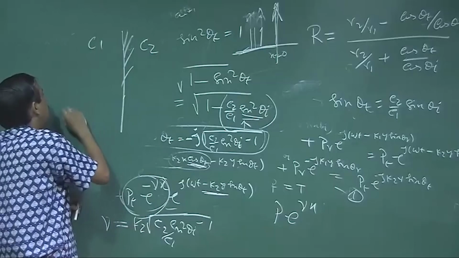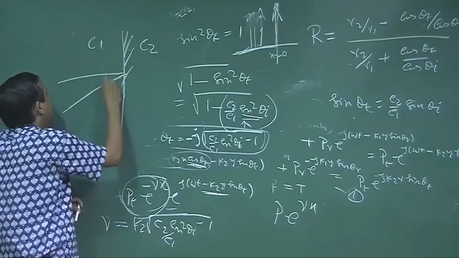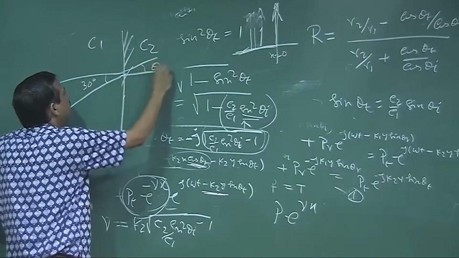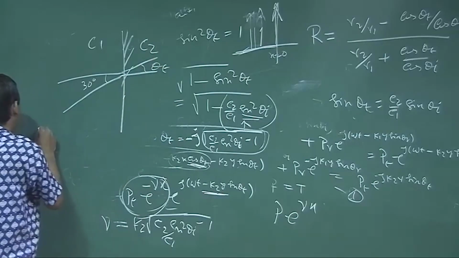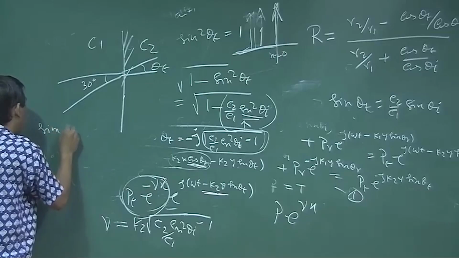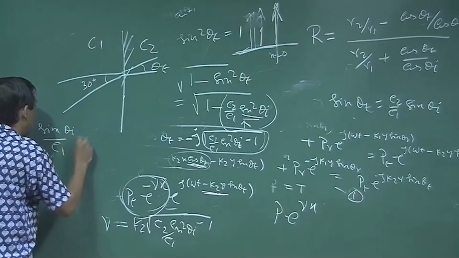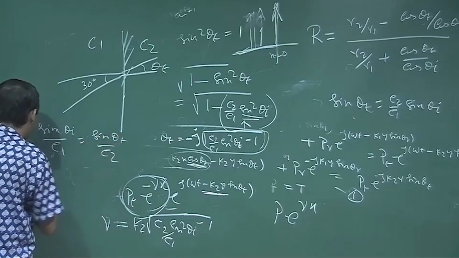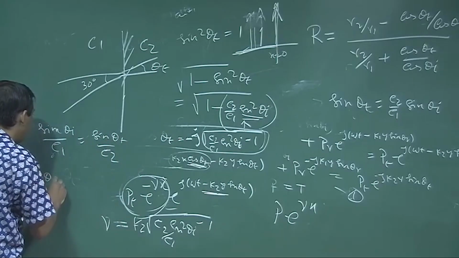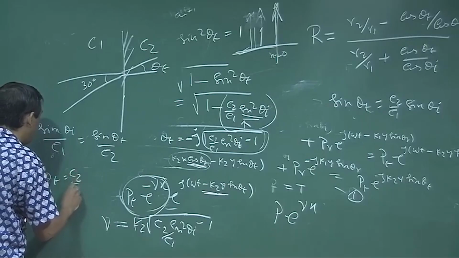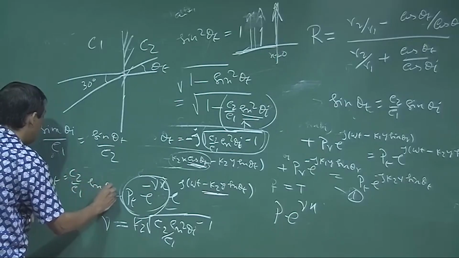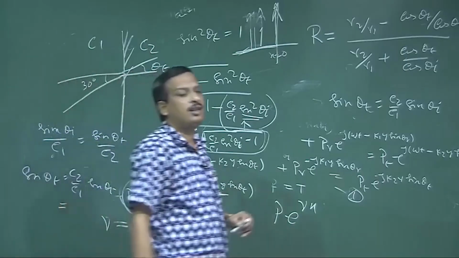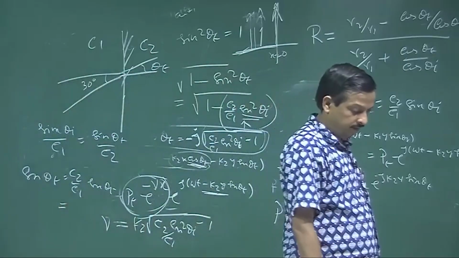From here it is incident with a 30 degree angle. I have to calculate theta t. So, sin theta i divided by C1 is equal to sin theta t divided by C2. So, sin theta t is nothing but C2 by C1 into sin theta i. C2 is given, C1 is given, theta i is given, so I can calculate theta t.